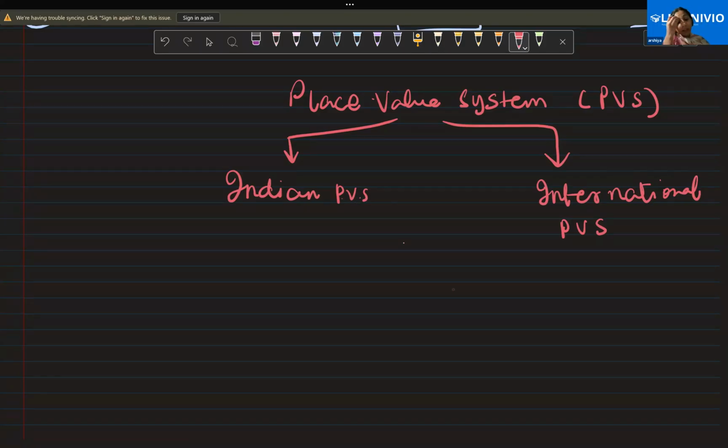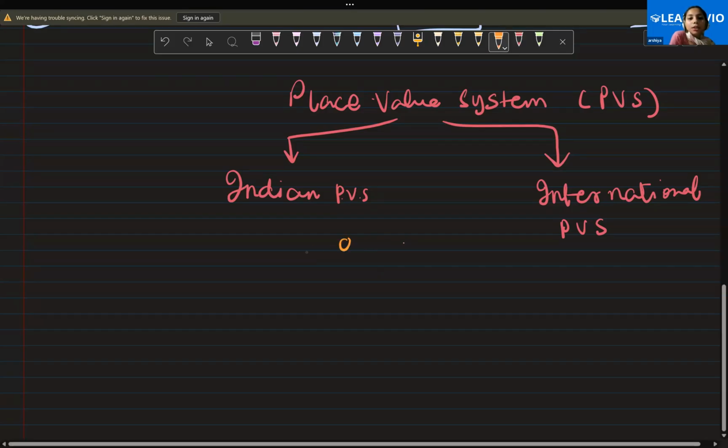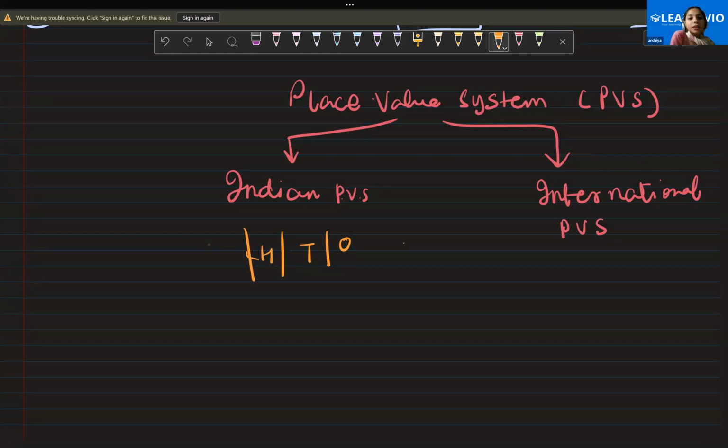Now, the difference is that in the Indian system, we have the place values as ones, tens, hundreds, thousands, 10,000s, and after 10,000s we have lakhs, and then 10 lakhs, and so on.